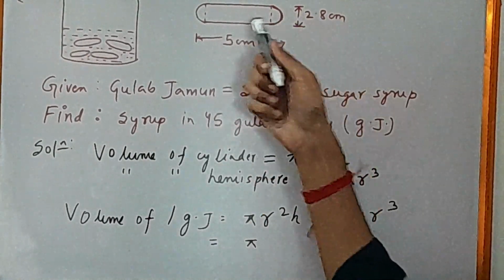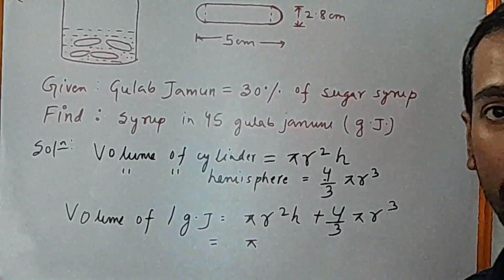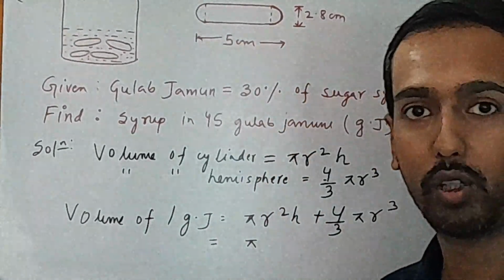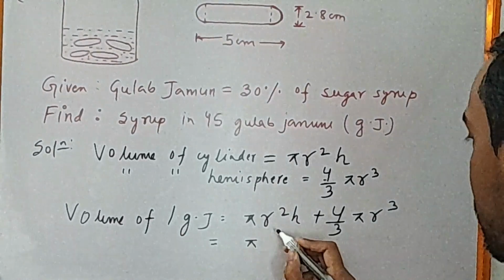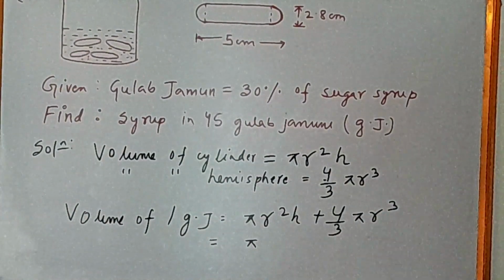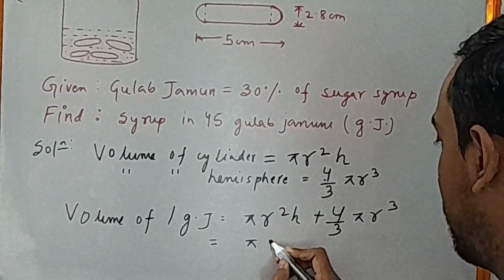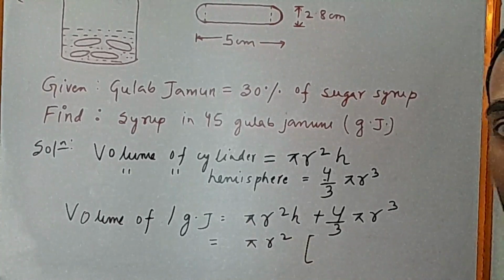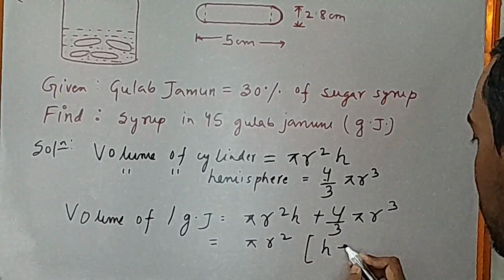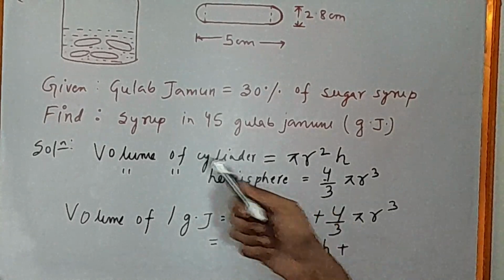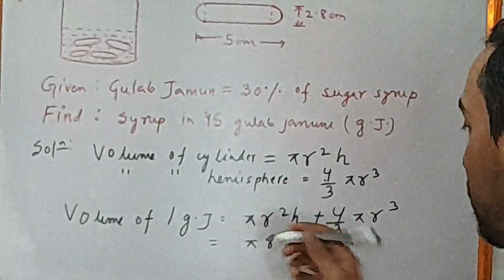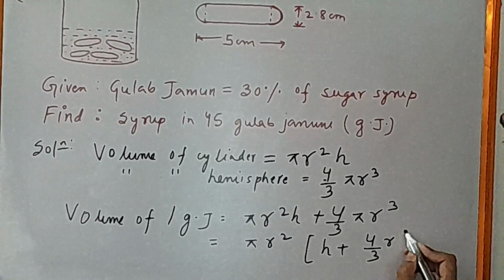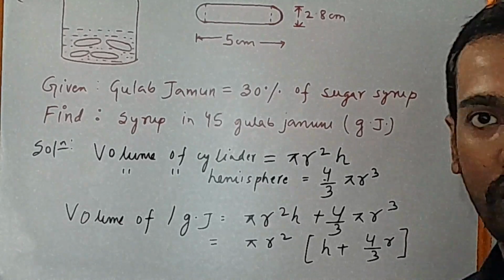Now the radius of the cylindrical part and the hemispherical part is the same, which is 2.8 divided by 2, that is 1.4. Here is r square, here is r cube, so r square can be taken out common. In the bracket we keep h, which will be the height of the cylindrical part only. This 4 by 3 r.